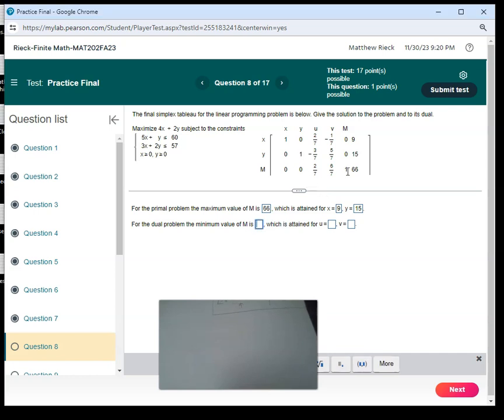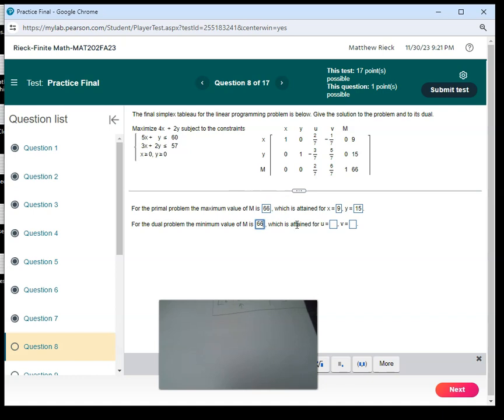And then for the dual problem, your objective function is going to be the same. For the dual problem, you're minimizing 60u plus 57v subject to 5u plus 3v is greater than or equal to 4, and 1u plus 2v is greater than or equal to 2.